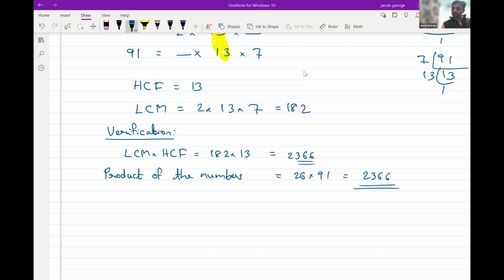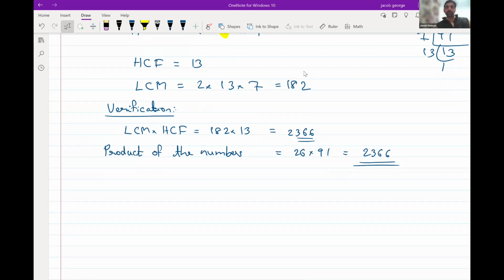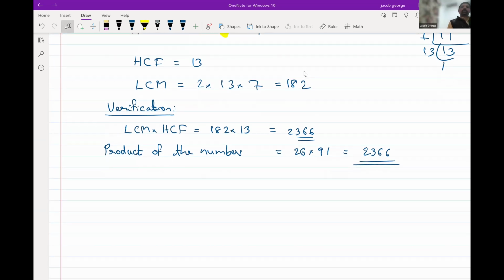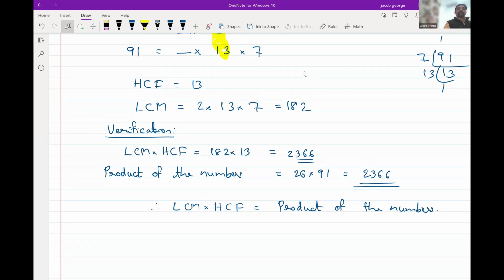So hence it is verified. Therefore, LCM into HCF is equal to the product of the numbers. Yes, finished. LCM into HCF is the product of the numbers.